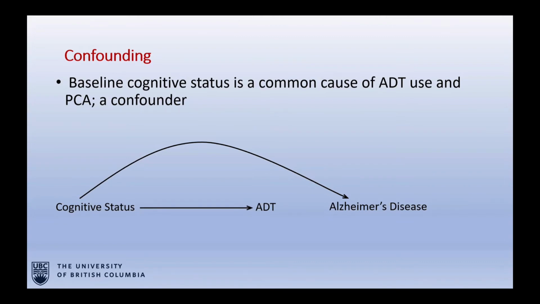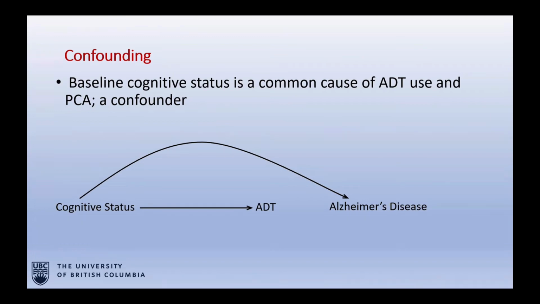Right, I understand your question. So again, it may be possible that men with either lower or higher cognitive status could be more likely to get ADT, especially if there is literature that it may improve Alzheimer's disease risk. So just specifically in this context.